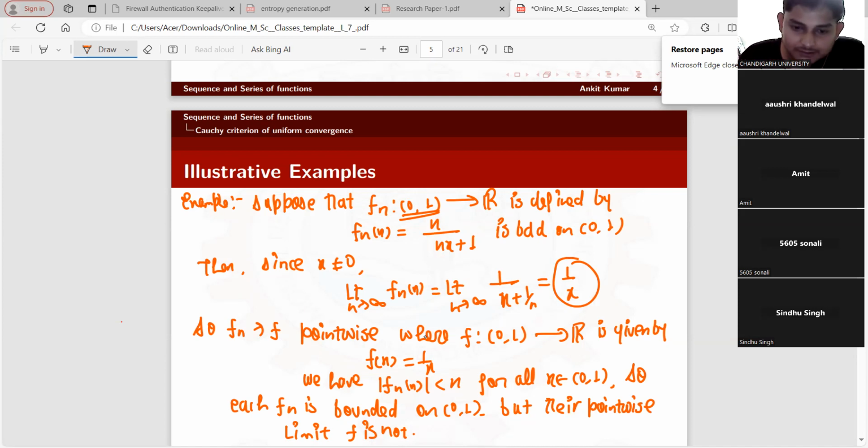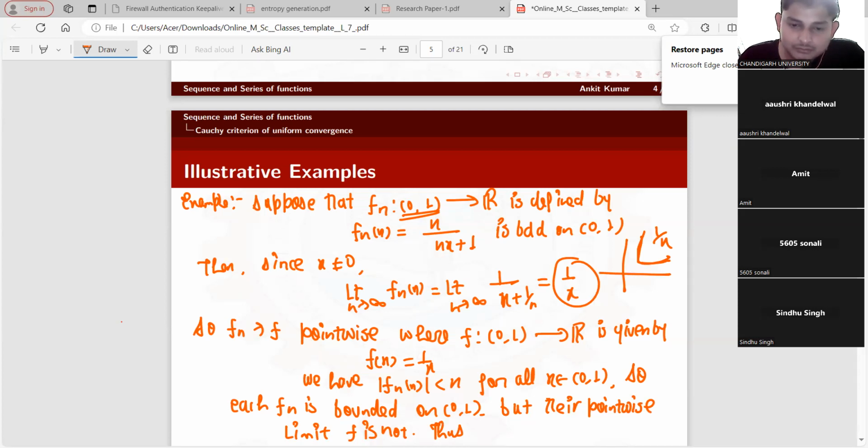Okay, thus, because the graph of this function f(x) is this, 1 by x, its graph will be formed this way. So this is not bounded in (0, 1].